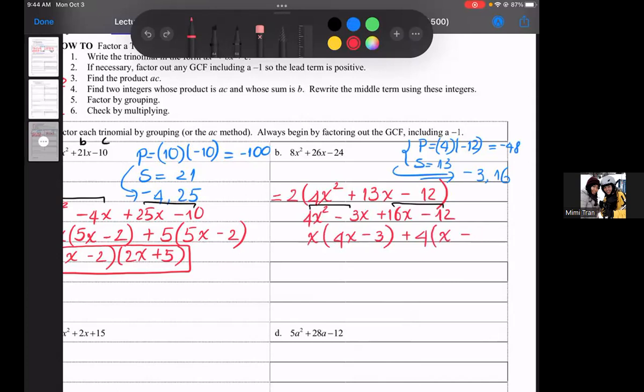Is it 4x minus 3, sorry. 4x minus 3. 4x minus 3 twice, so 4x minus 3 times x plus 4. And now you bring down that 2. And then you're done.